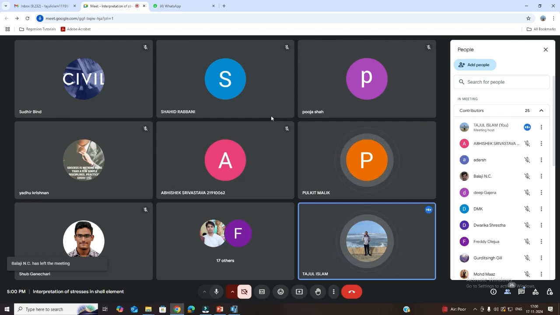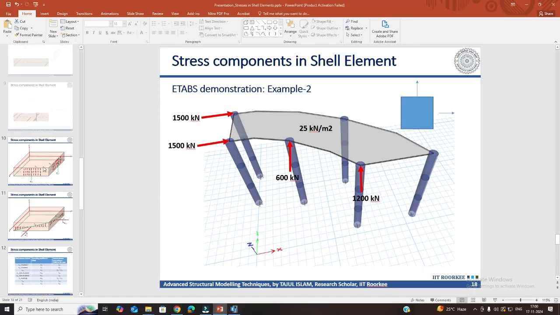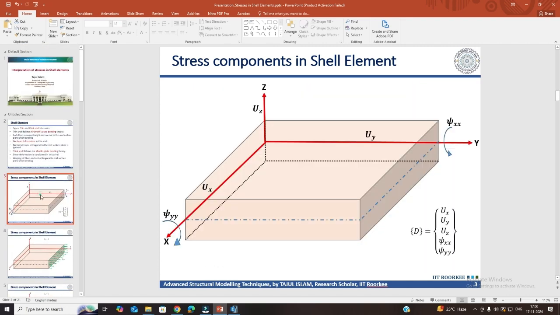You have a solid element and you want to model the solid element using shell element. Yeah. So you have to understand what are the degrees of freedom in solid element and what are the degrees of freedom in shell element. And if you understand those degrees of freedom, you can interpret the result easily. So in shell element, as we have discussed, you have 5 degrees of freedom, but in case of solid element, you will have only the first 3 degrees of freedom, only translational, no rotational degrees of freedom.